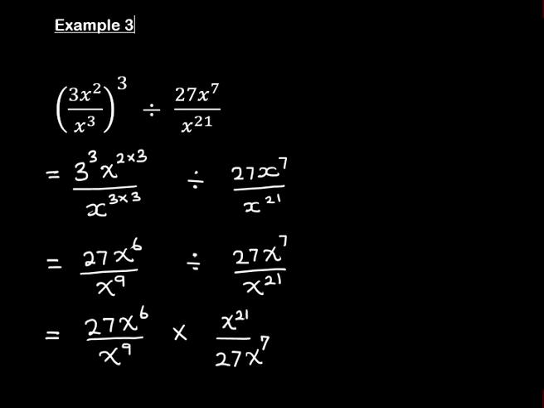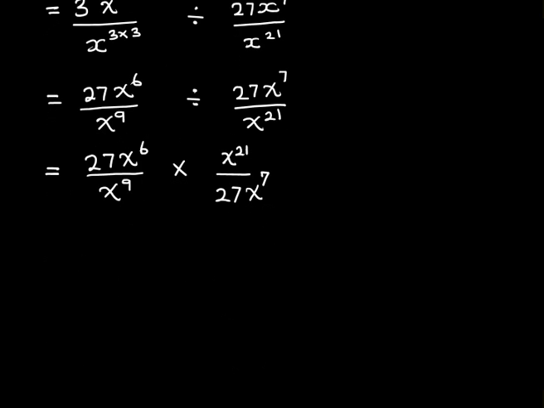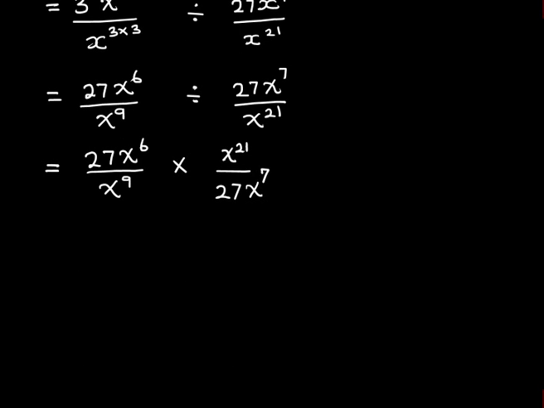Okay, let's move on slightly a bit to create some space. So we will get 27 and 27. We can divide them to come up with 1. So we remain with x to the power of 6.